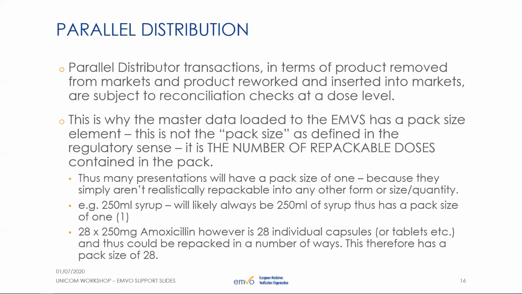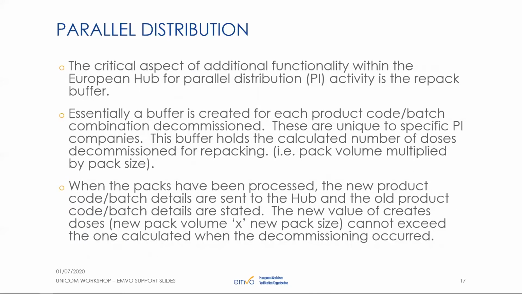So as I said, a critical activity for parallel distribution is counting the number of doses. There is this notion of buffer in the EMVS. The buffer is created when the parallel distributor removes all his packs from a market.